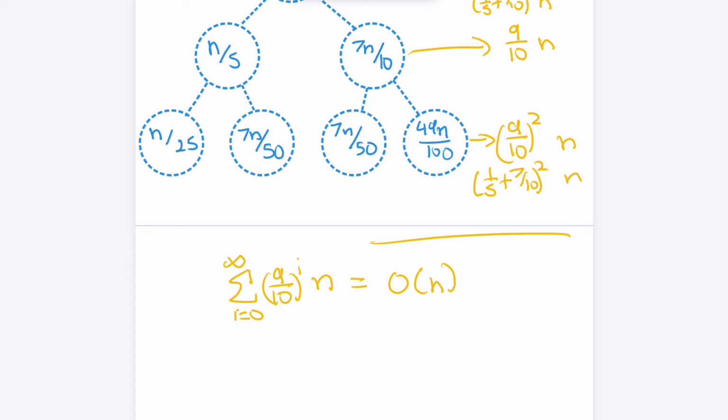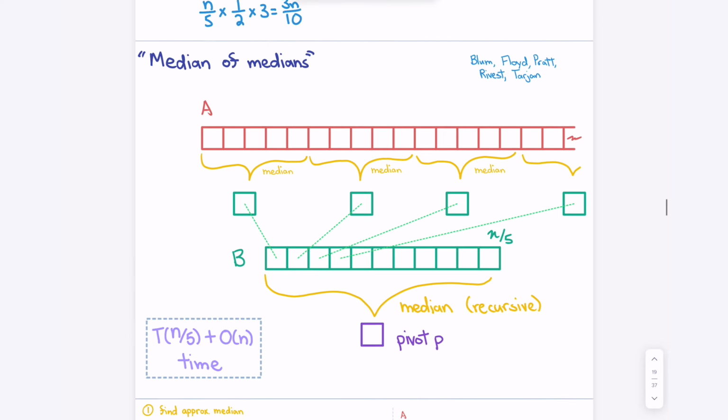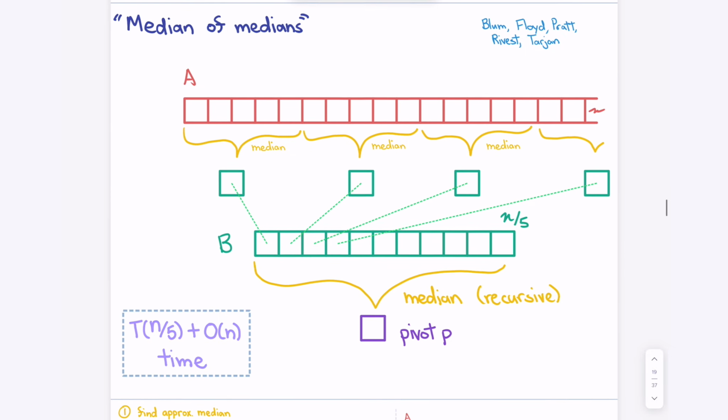Any questions? Yeah. So the question was for median of medians, why was it n over 5? I can open this up to the floor.